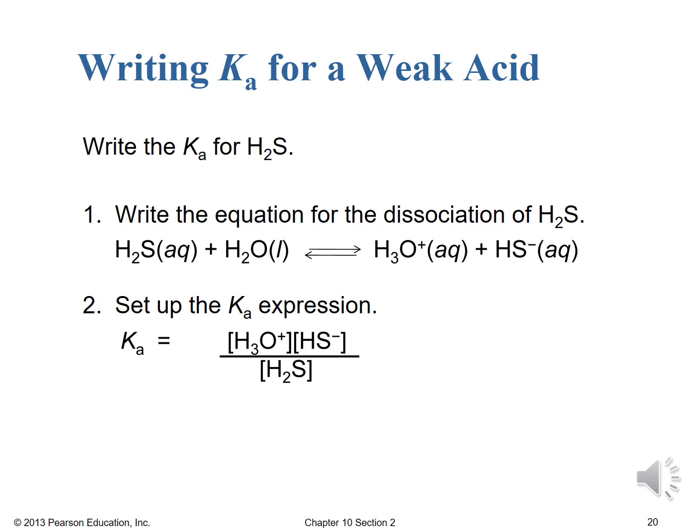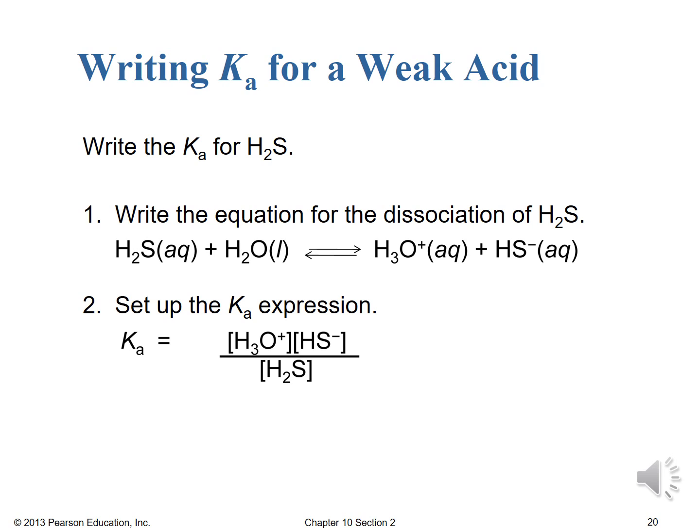Okay, so if we look at tables to get the actual numerical value of Ka, how would we write the expression for the Ka of something like hydrosulfuric acid, H2S? So first we'd write the equation for the dissociation of H2S, so H2S aqueous plus H2O liquid in equilibrium with H3O plus aqueous plus HS minus aqueous.